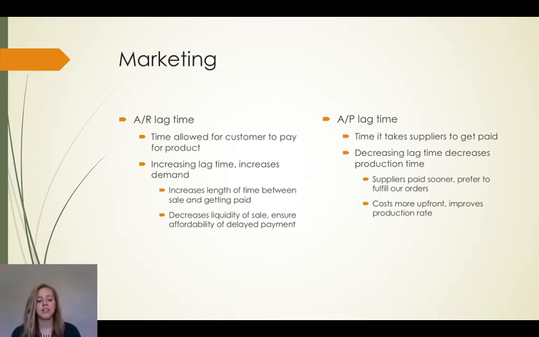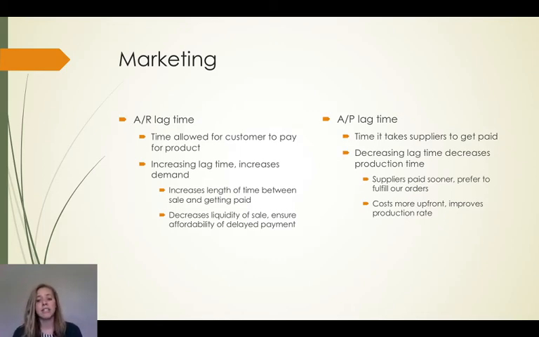So we had to make sure that we could actually afford that delay in payment, and that the demand would actually make up for that loss of payment. And similarly with the accounts payable, or AP lag time, this is the time that it takes our suppliers to get paid by us.